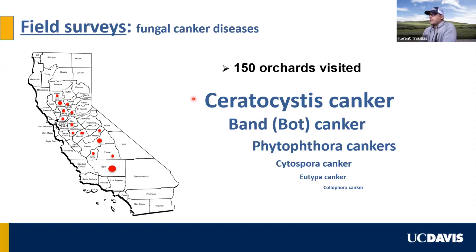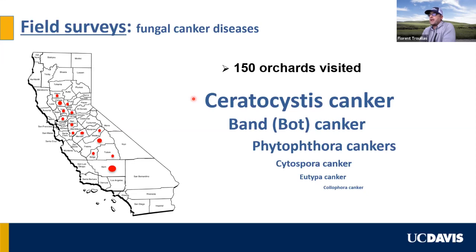Following Ceratocystis canker, one of the main issues is band canker, a disease caused by Botryosphaeria fungi, also called Botryosphaeria canker. We have also seen quite a bit of Phytophthora canker, aerial Phytophthora, which seems to be on the rise, especially with wet conditions like this year.